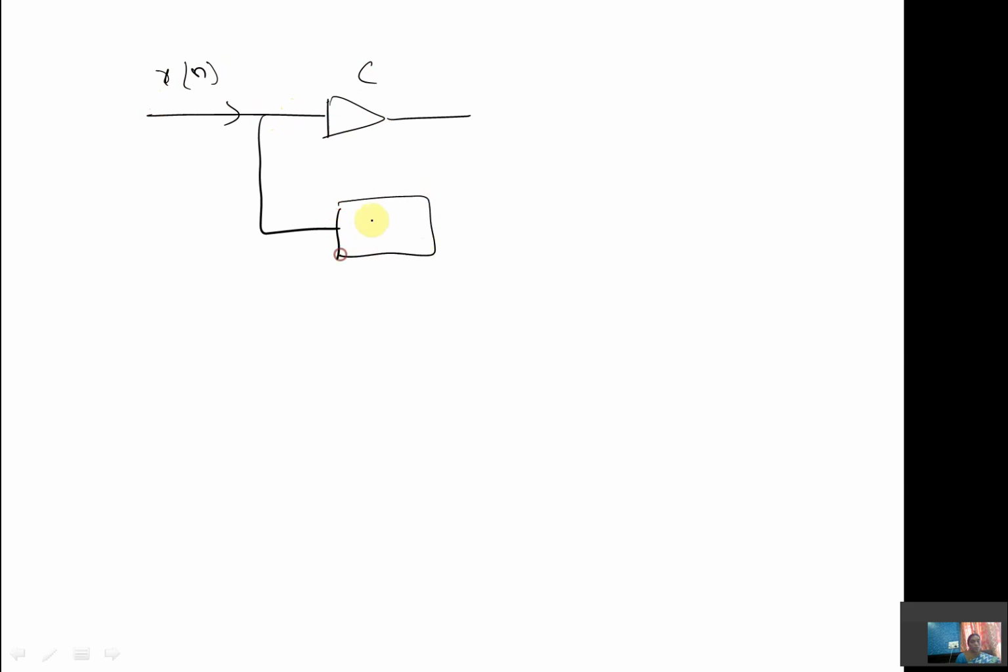Okay, now here x of n is the input, c is nothing but a multiplier, and realize the individual functions either with direct form 1 or direct form 2.